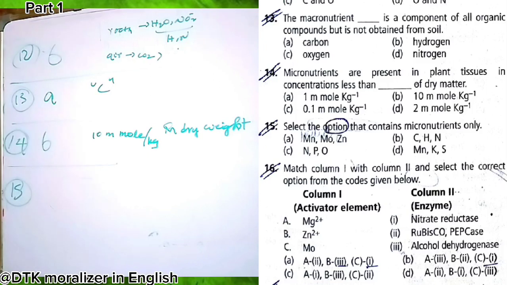Select the option that contains micronutrients only. Manganese, molybdenum, zinc; carbon, hydrogen, nitrogen; phosphorus, oxygen, manganese; potassium, sulfur.